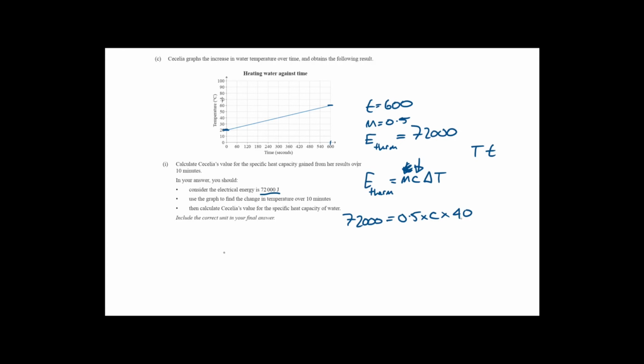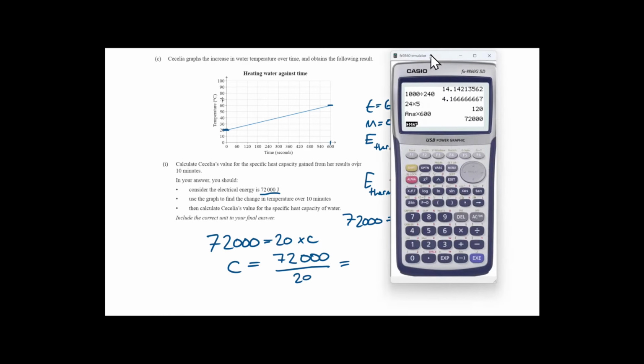So let's take it off to one side here. So 0.5 times 40 is 20 times C. So therefore C must be equal to 72,000 divided by 20.